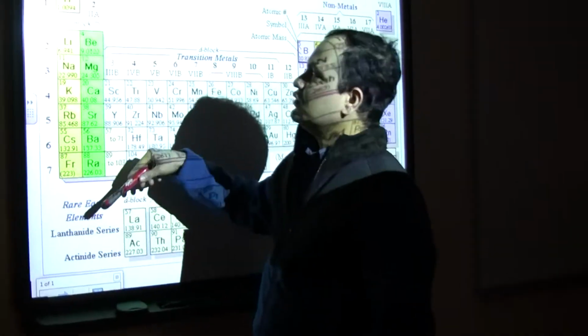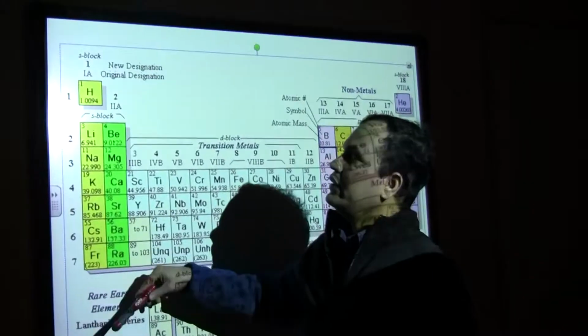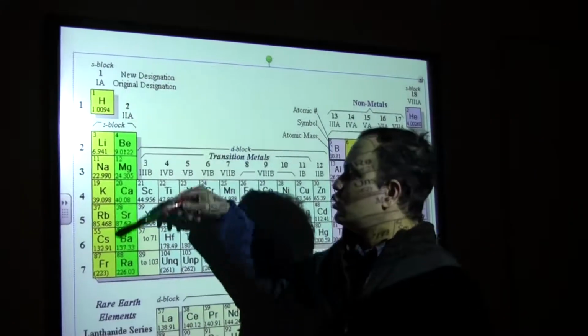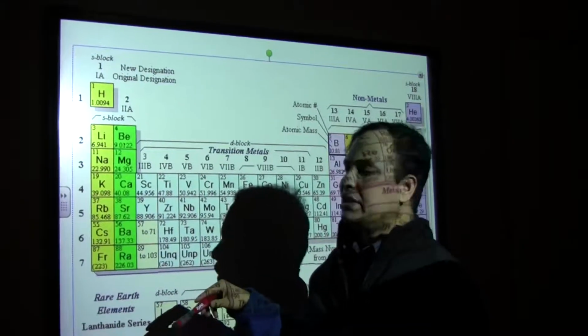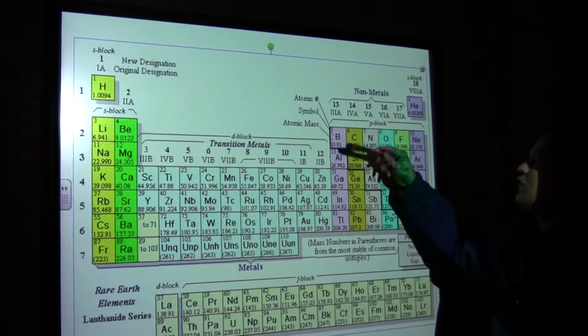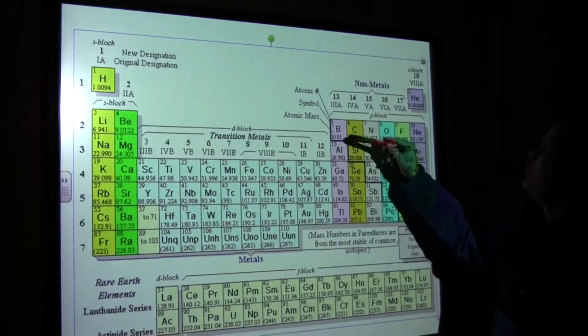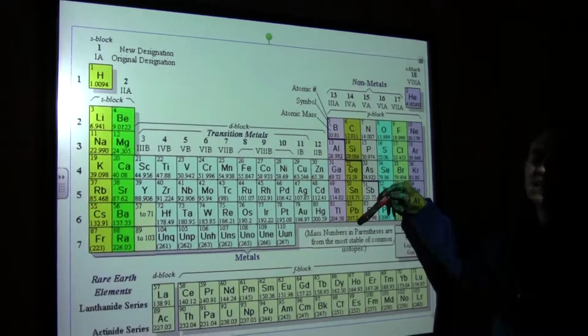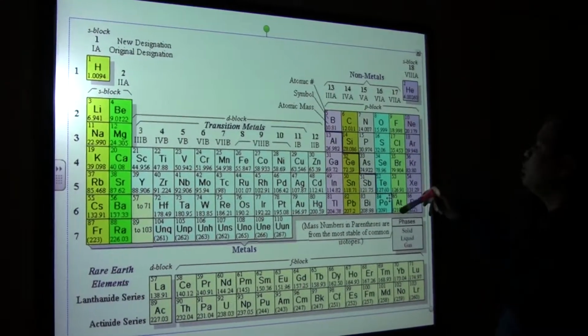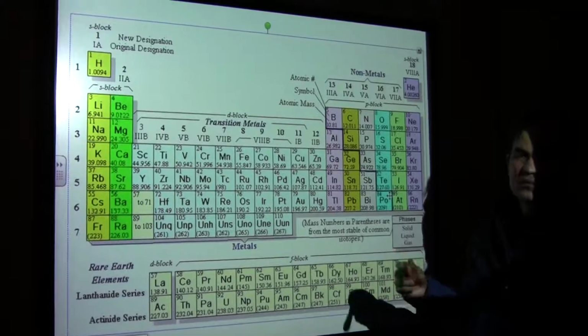what this group number stands for. Suppose the element belongs to group 1, then it will have 1 valence electron. If the element belongs to group 2, then it will have 2 valence electrons. If the element belongs to group 3A, it will have 3 valence electrons. Similarly, 4A will have 4 valence electrons, and so on. So if you see the 7th group, how many valence electrons will it have? 7.